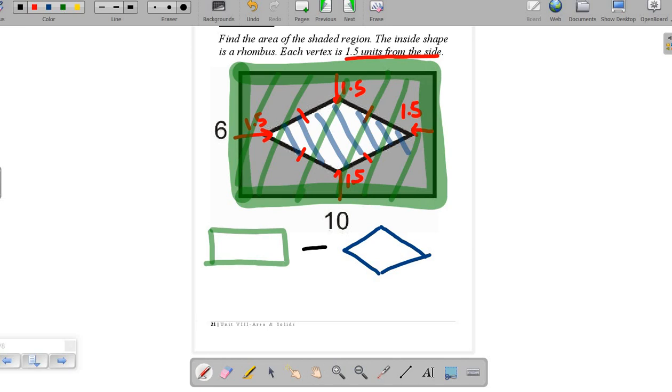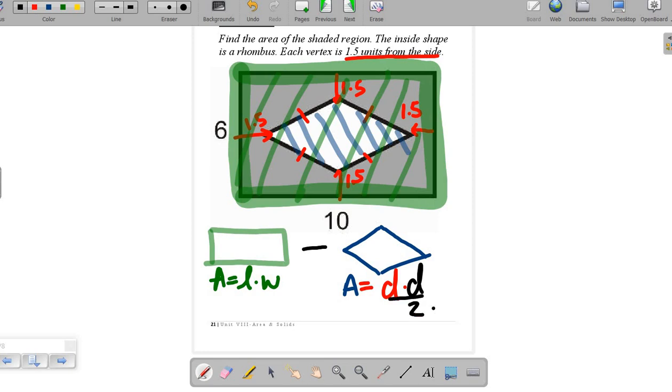Now, the area of the rectangle, of course, is length times width. The area of the rhombus is going to be diagonal times another diagonal over 2.